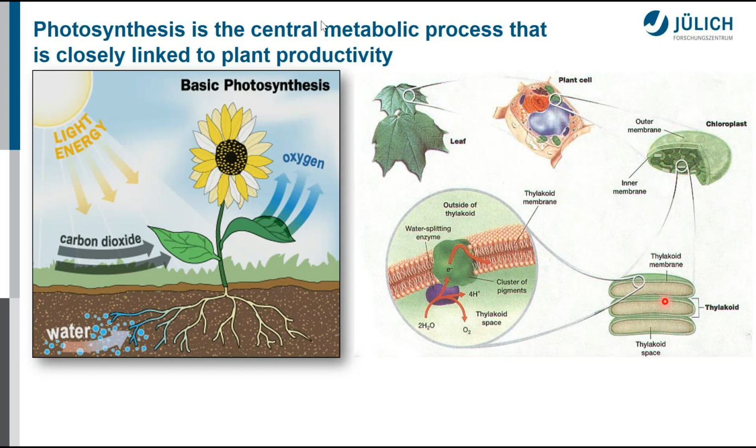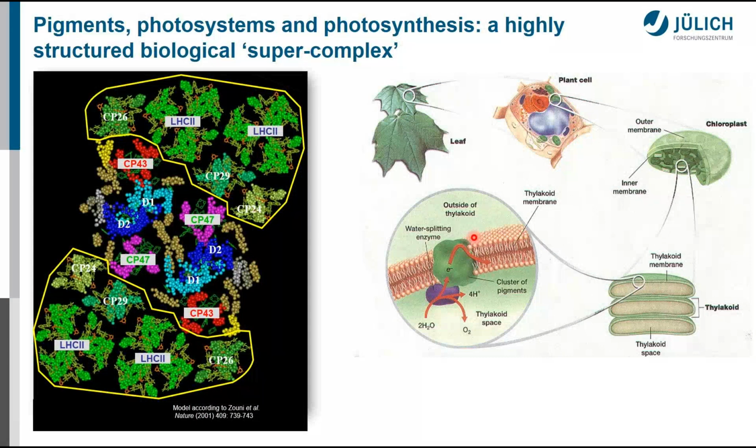And the inner membrane is stacked, looks like coin stacks. And within these membranes, we have the pigments, the green pigments, mainly chlorophyll and others, which are the main pigments which absorb light of the sun and where the process of photosynthesis takes place.